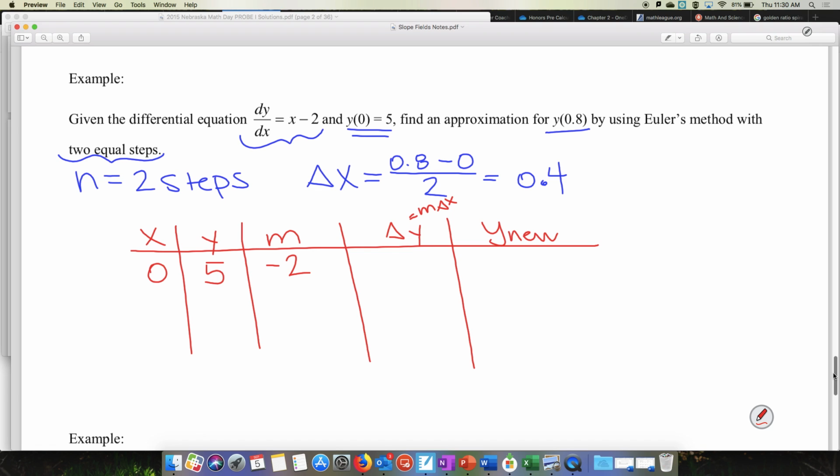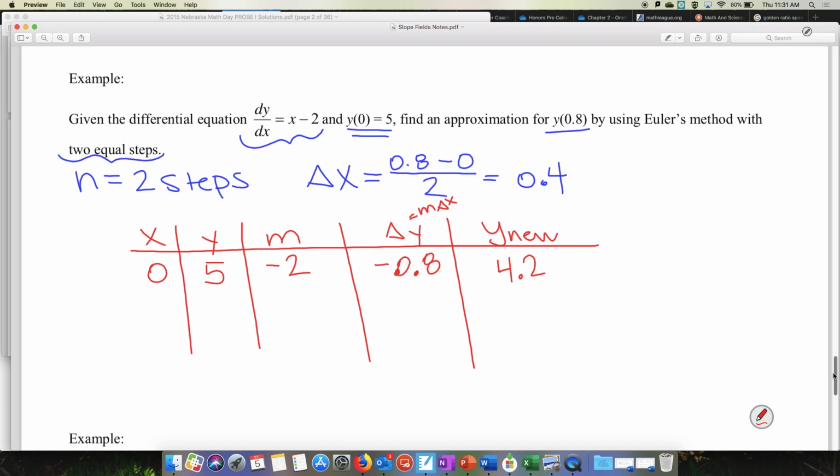We have to walk along our tangent line. Okay, so we take negative 2 times delta x to get negative 0.8. So I started at a y value of 5. Our change in y is negative 0.8. So our new y is 4.2.